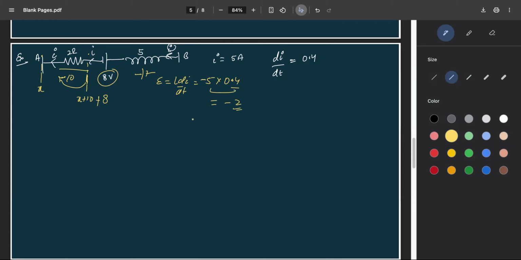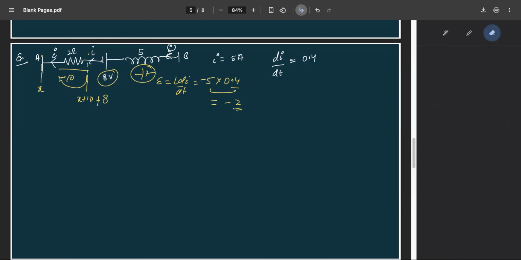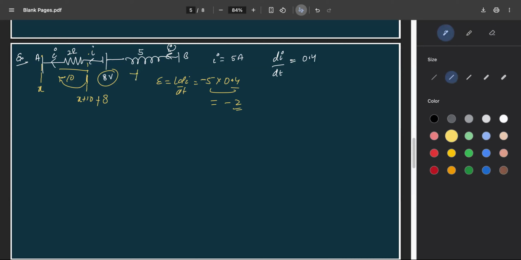Okay. What does minus 2 suggest? Minus 2 suggests whatever you assumed is incorrect. You have to go in the opposite direction. You assumed it to be this, you got minus, it means your assumption is incorrect. Make it like this. So you are going from lower to higher. Add the 2 again. Why 2? Why not minus 2? Because you had changed the direction.